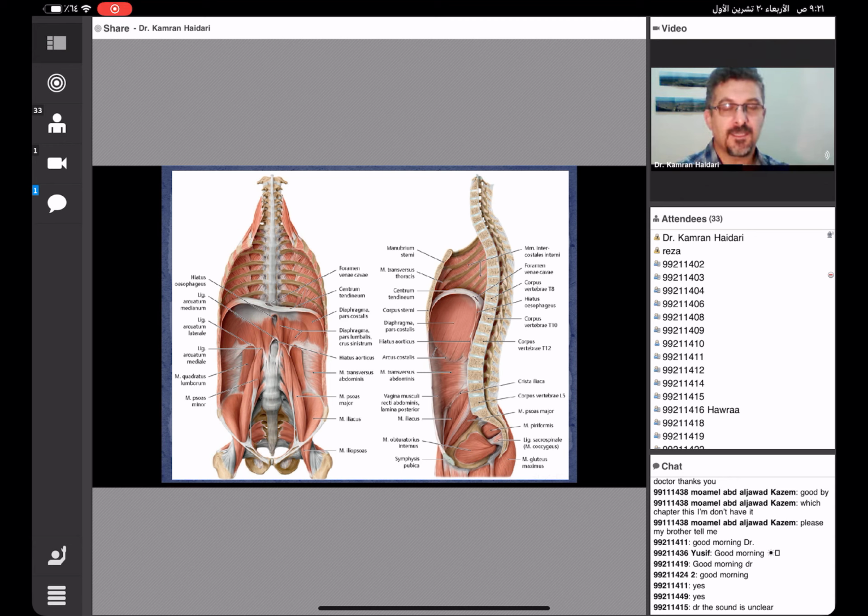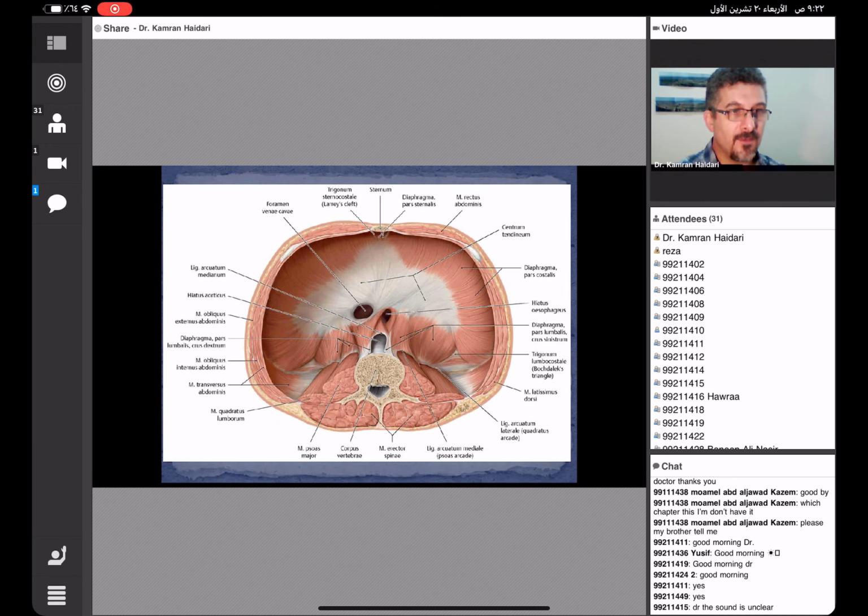Sometimes between attachments we have an abnormal hiatus, and because of this gap some intestinal loops herniate into the thorax. The most famous of these gaps is the Morgagni foramen or hiatus.